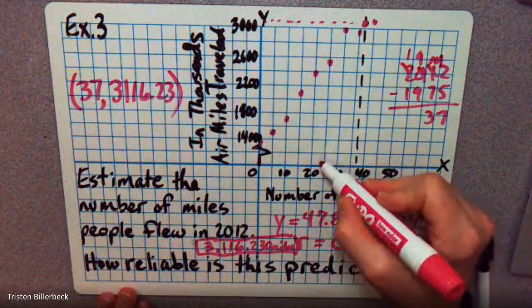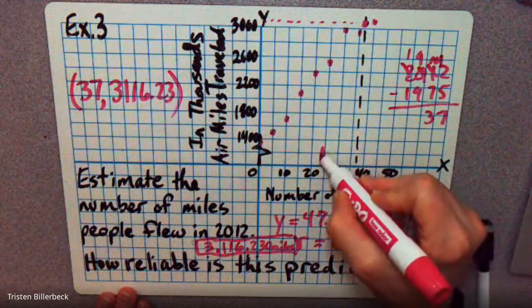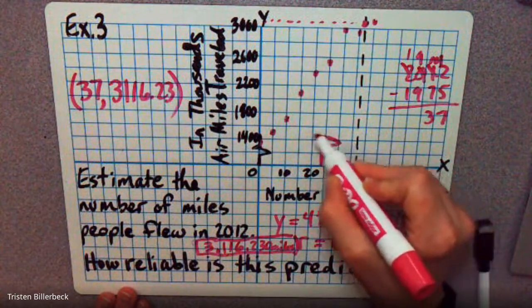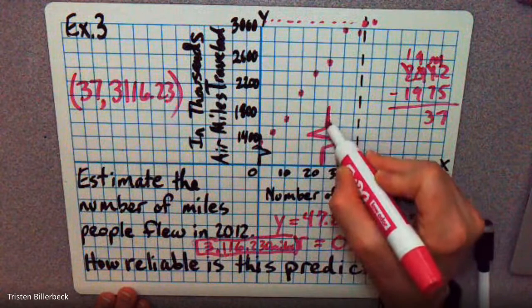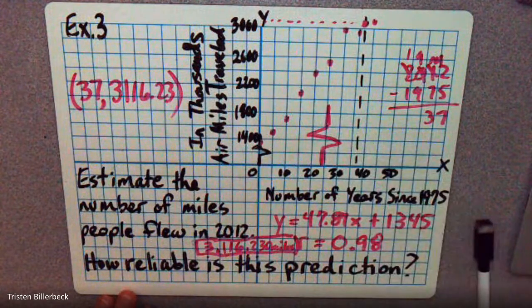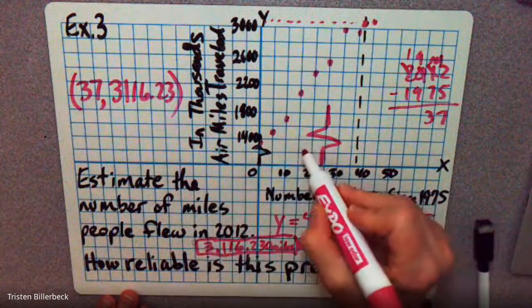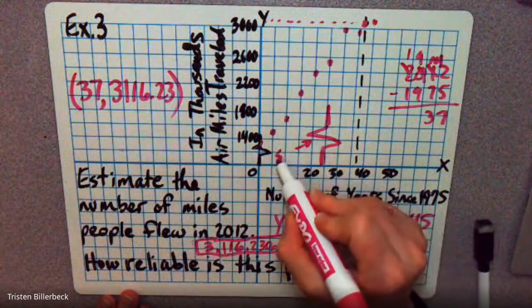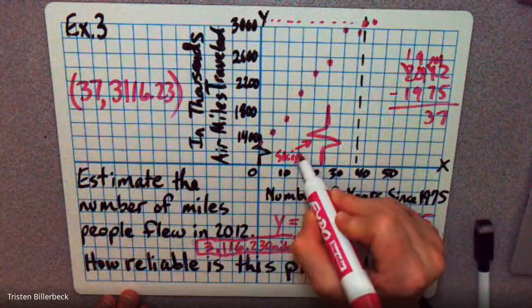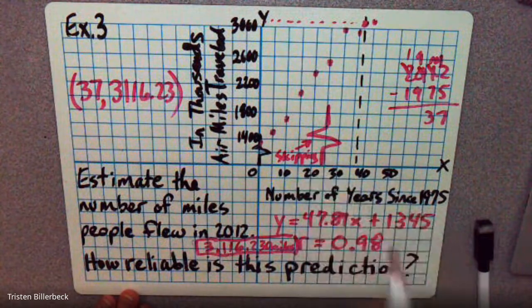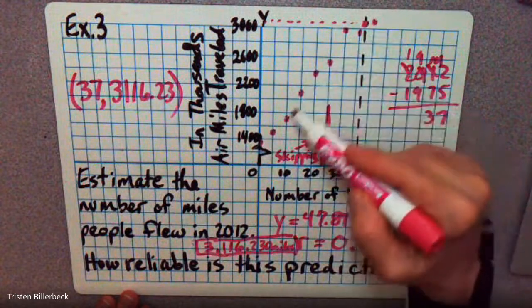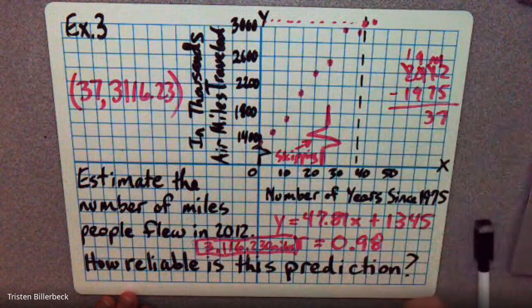The other thing I want to point out, do you see this little squiggly right here? It looks like this on the y-axis. That's really common for statistics. On a y-axis, that means we're skipping a bunch of data because all the action is happening right here, and we want to represent it in a concise way.